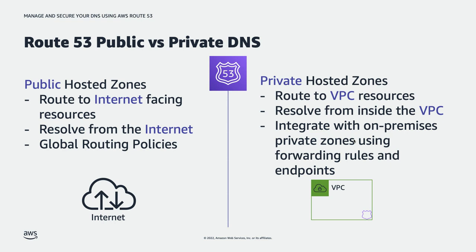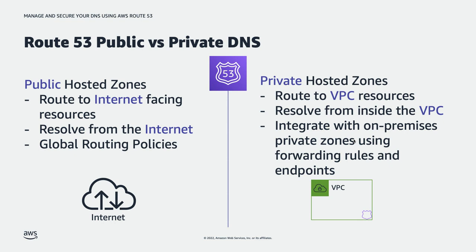The reason you would want to do that is a couple of things. For example, you have an RDS database in AWS, and as you might know, once you restore a snapshot from an RDS database, it gets a different DNS name. You might not want to update your application every time you restore a snapshot.